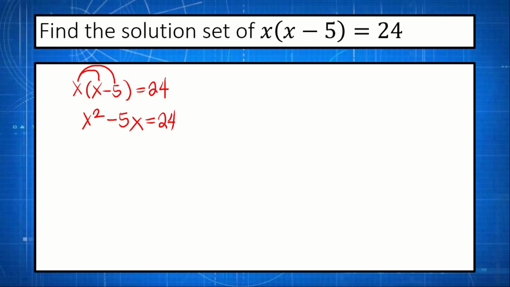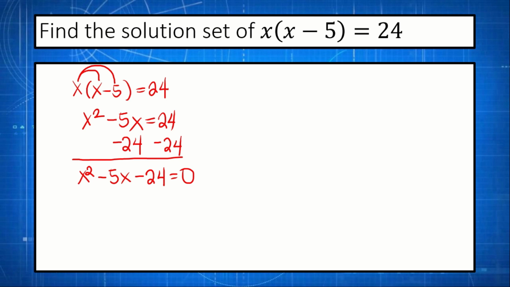So notice this is not yet in standard form. So we'll apply the subtraction property of equality. We'll subtract both sides of the equation by 24. So we have x squared minus 5x minus 24 is equal to 0.